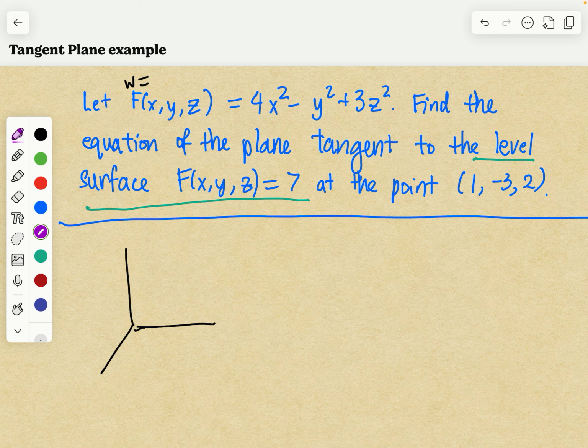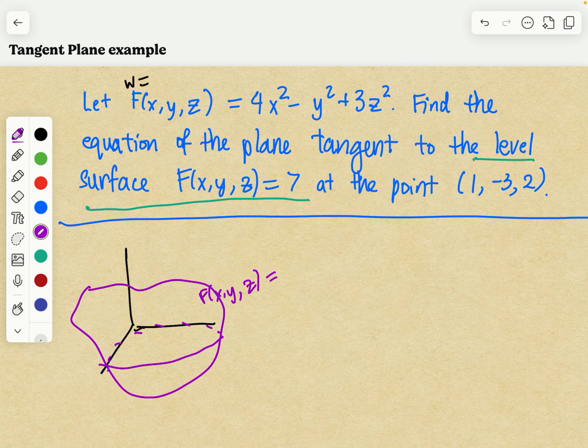I don't know what that looks like, but I'm just going to draw some surface like this. This is, say, F of x, y, z equals 7. I'm not saying this is the actual shape. I'm just drawing this to give you an idea of what's going on.